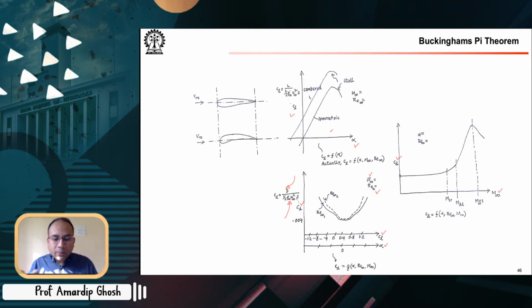But eventually, when you report experimental results, it is always represented in non-dimensional form, and there is a reason for that. There is some advantage in reporting these things using non-dimensional variables.